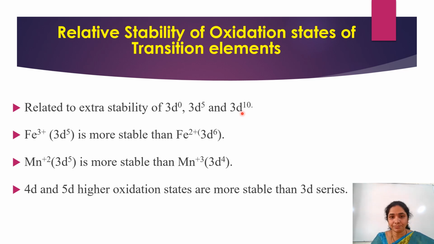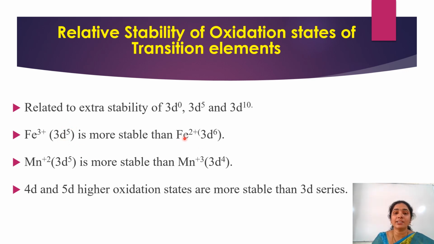For example, if you take iron of atomic number 26, its electronic configuration is argon 3d6 4s2. Here, if you take iron in the +3 oxidation state, the electronic configuration of iron is 3d5.